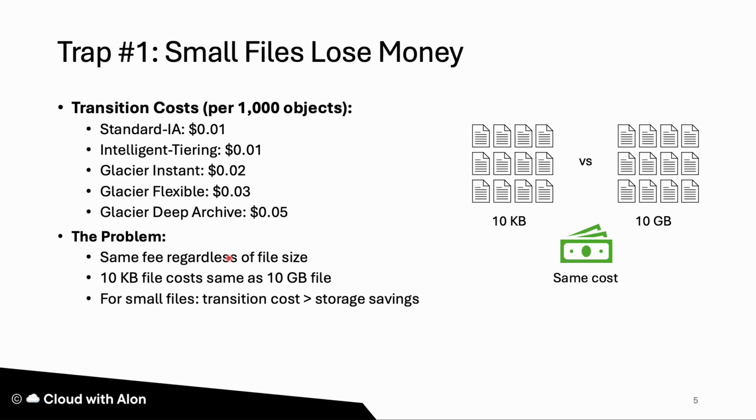So here's the catch. The fee is charged per object, not based on the object size. That means moving 10 KB of files costs you the same as moving 10 GB of files. So the question is, when does this become a problem? If you have millions of small files, the transition fee can easily cost you more than the storage saving.